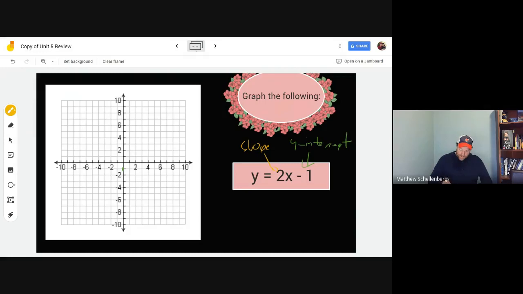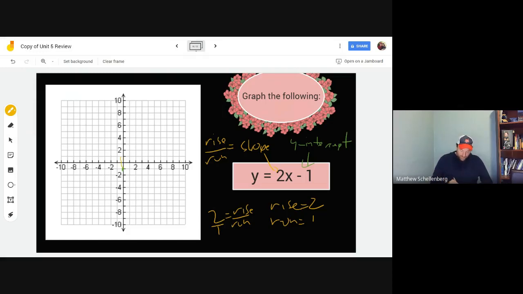Then remember that this number right here is known as the slope. And the slope equals rise over run. So if the slope is 2, you could just think of it as 2 over 1. And so therefore the rise is 2 and the run is 1. So you take the y-intercept and do a rise of 2, so we go 1, 2.